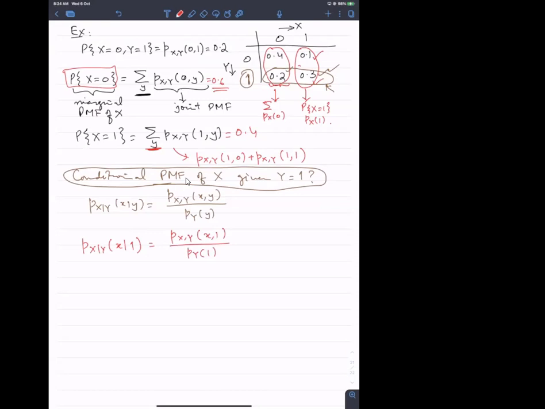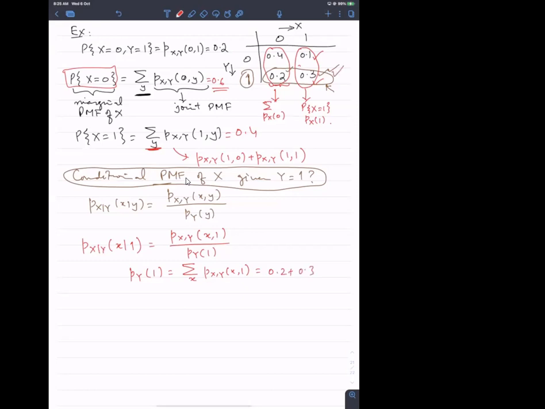But what is Py of 1? Answers in the chat window. What is the probability y takes a value 1? Well, sum up on all the x, Pxy, x, y, taking the value 1. So y taking the value 1, इसको sum up करें तो ये आपके पास आ जाएगा 0.2 plus 0.3.